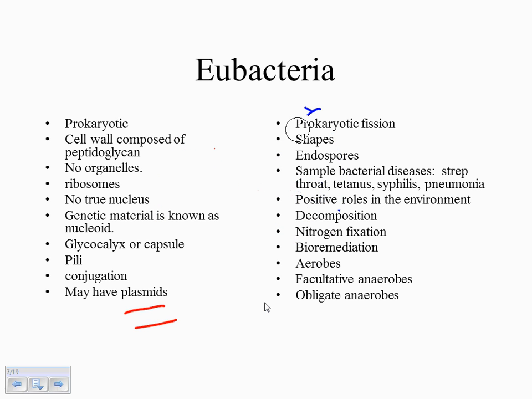All right, last couple of things I'll mention about eubacteria. There are lots of human diseases caused by bacteria, obviously. Strep throat, which you probably all had at some point in time or other. That can be really bad, right? Strep throat can cause some serious issues.